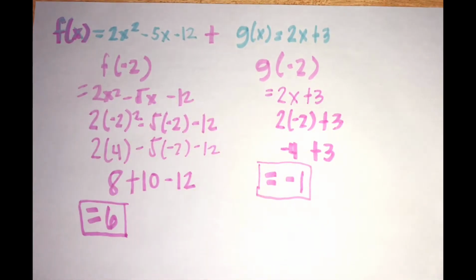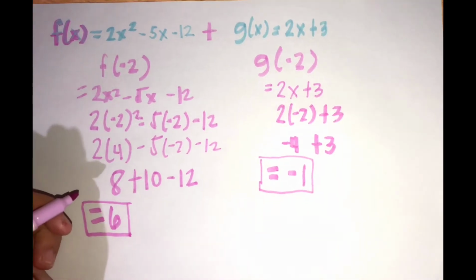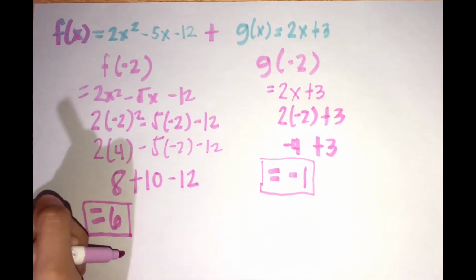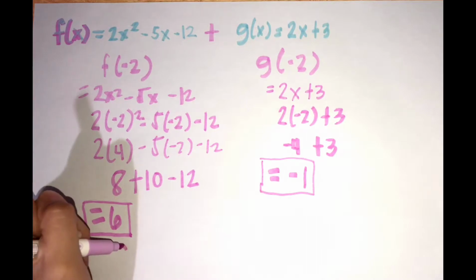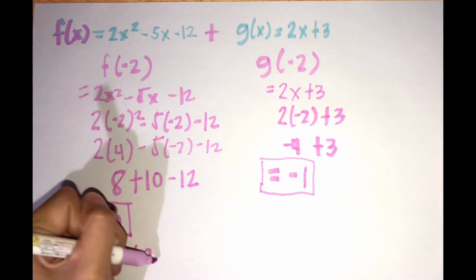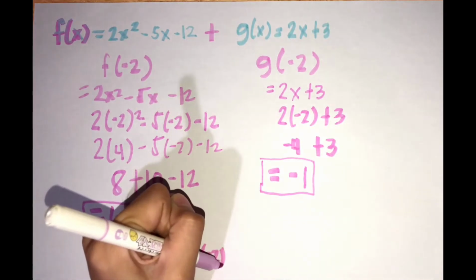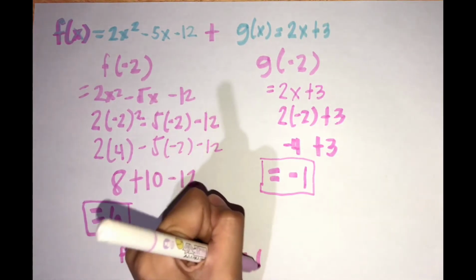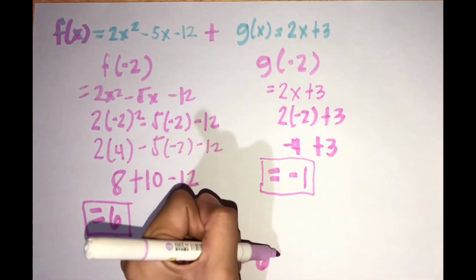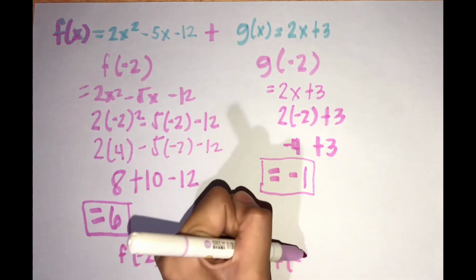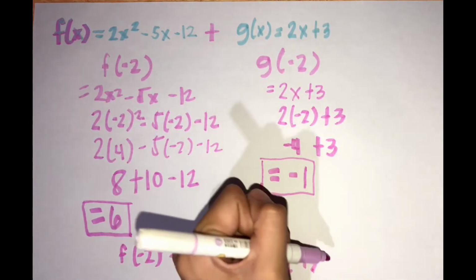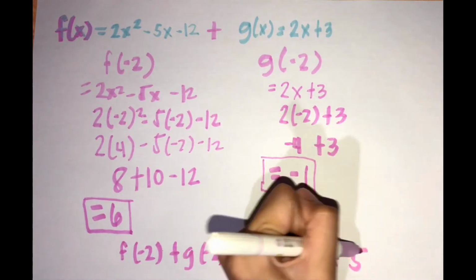Now that we have the answers, the last step is to add them. F of negative 2 plus g of negative 2 is equal to 6 plus negative 1, that is equal to 5.